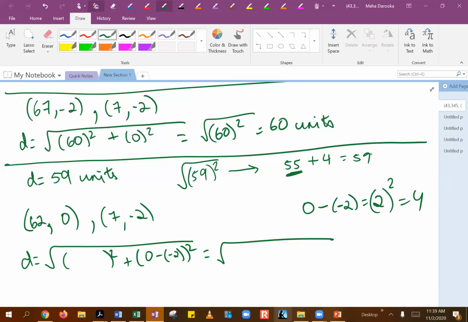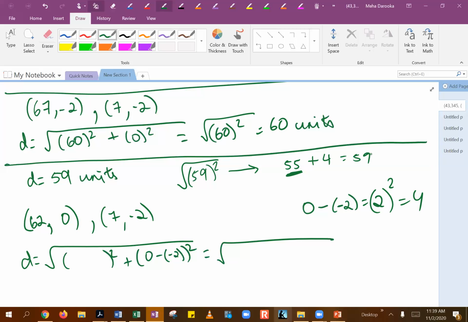So if we did 62 minus 7, that would give us 55, but then I still need to square that. Okay, so that will not work because I need a number which will be a perfect square, and 55 is not. So what can I go down to?